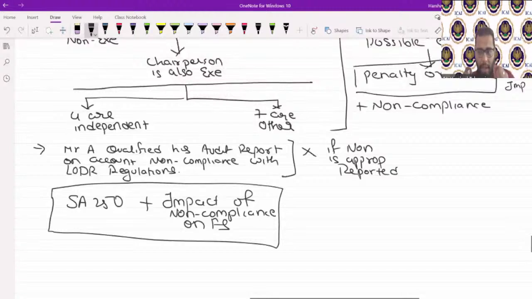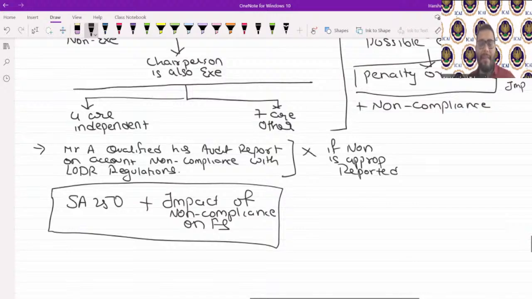Guys, are you understanding? Did you understand this particular thing? Let's say tomorrow it is said that the audit committee is required to meet 4 times in a year. Now they have met 3 times in a year. There is a non-compliance to the regulations. Agreed.